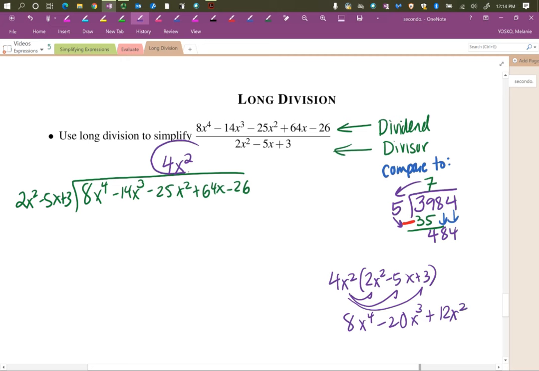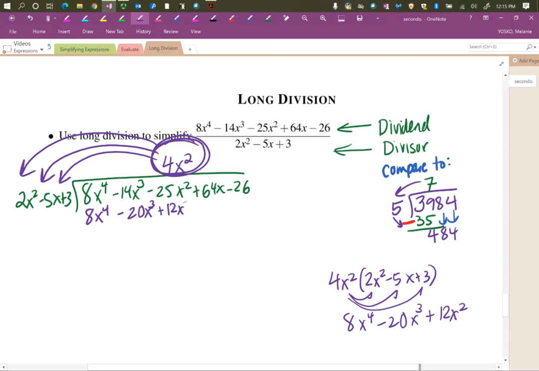I'm not going to write this out every time. I'm multiplying by the first term, the second, and the third. So 4x squared is multiplied by every single term in that expression: 8x to the fourth minus 20x cubed plus 12x squared.